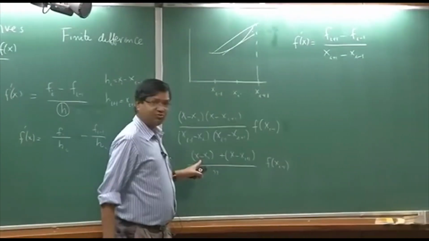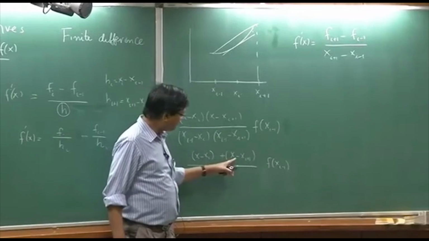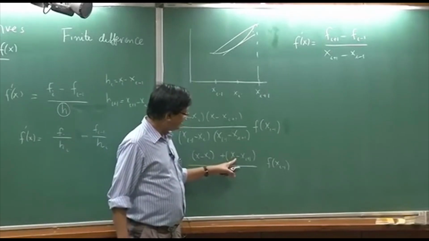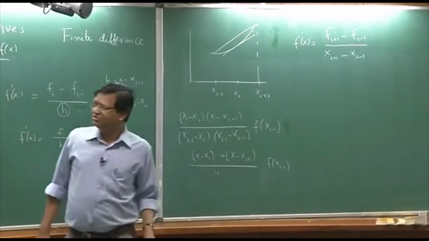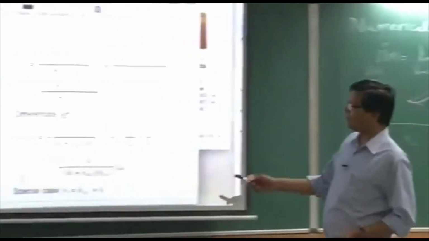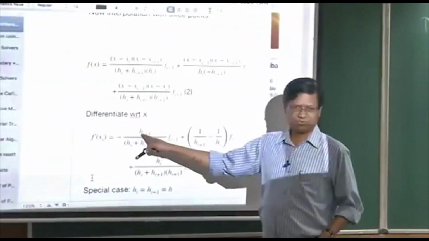You put x equal to xi, this goes to 0, and only this survives. So it is xi minus xi plus 1, which is minus hi plus 1, the bigger of the two.